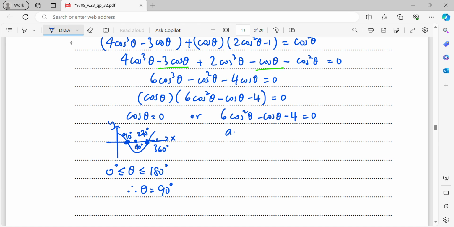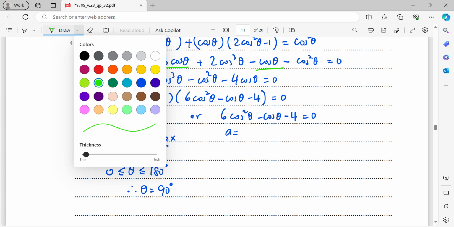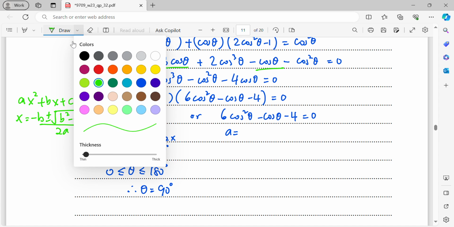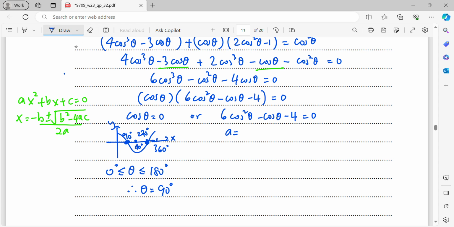Alright, so now the quadratic formula, if you need to solve a quadratic equation, your x is minus b plus minus square root of b squared minus 4ac over 2a. So I have to write down the coefficients for all the terms first. My a is 6, my b is minus 1 because of the minus cos theta, then the c is minus 4. Then instead of x in the quadratic equation, now it is cos theta.